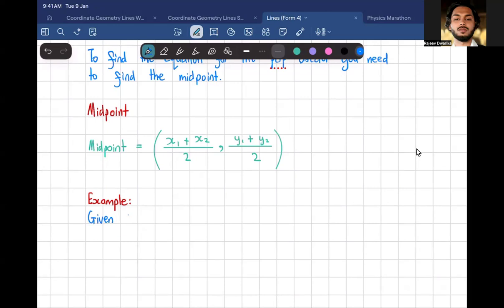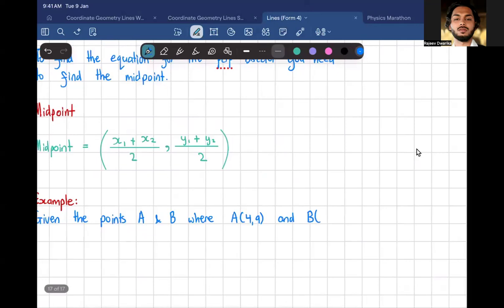Given the points A and B, where A is (4, 9) and B is (-2, -3).